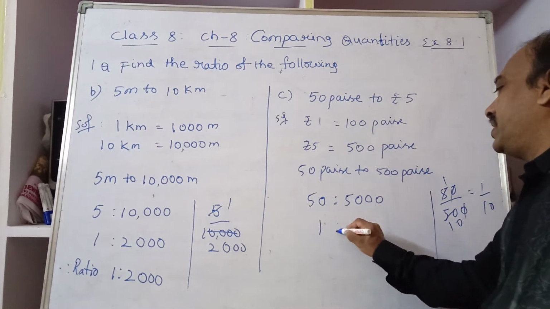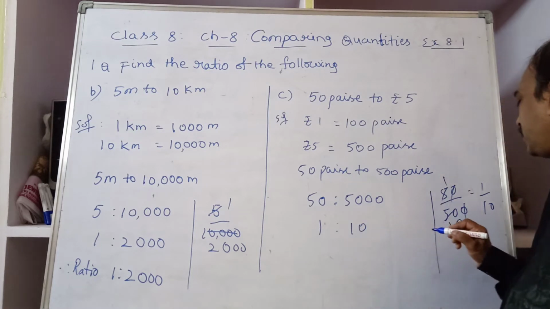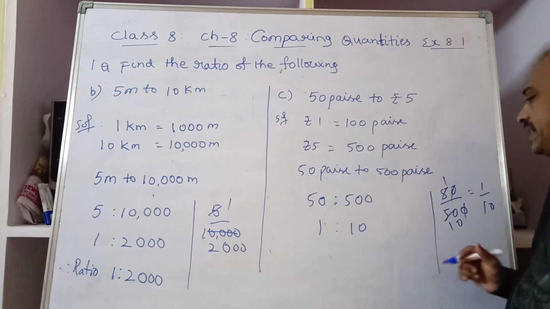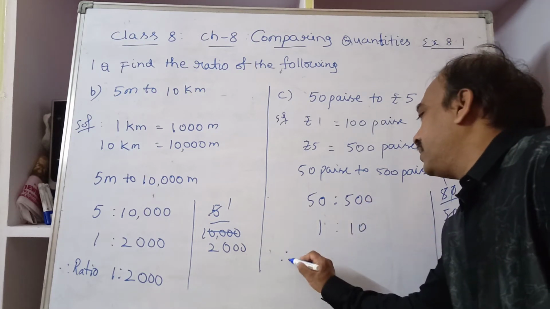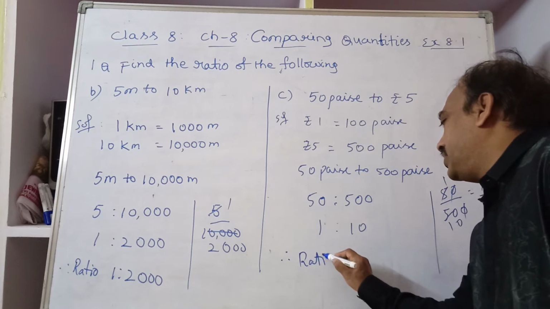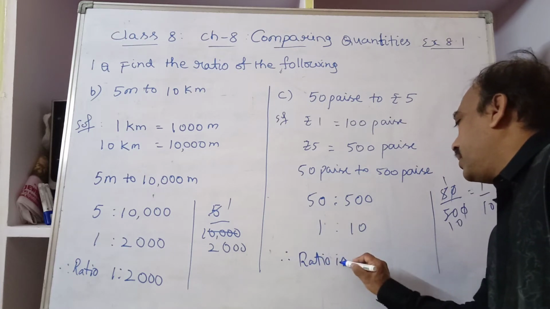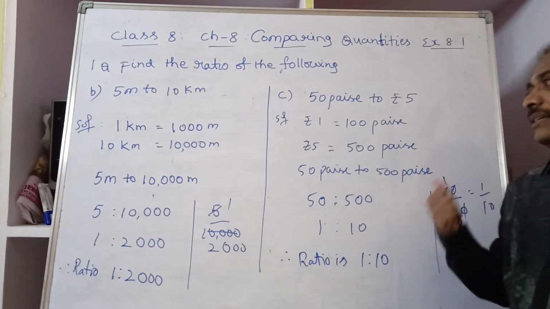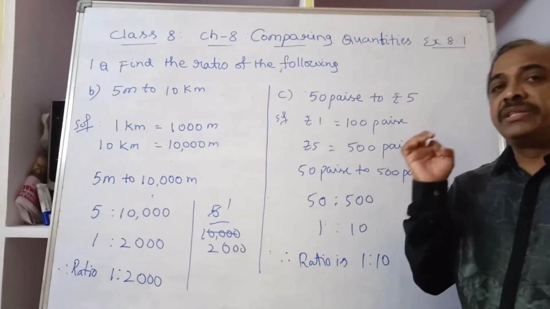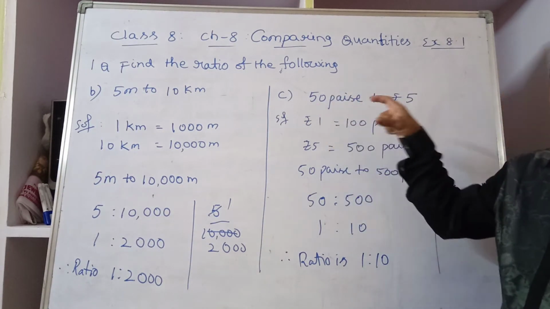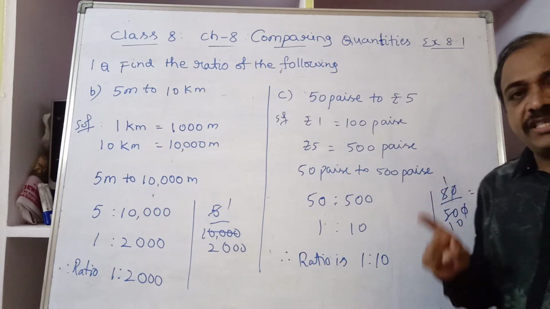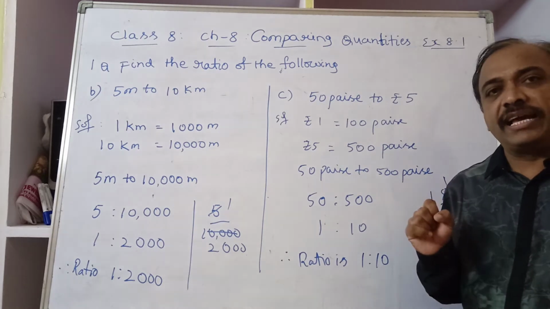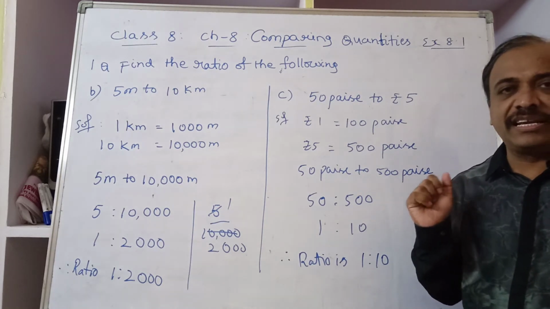So you can write it as 1 is to 10. Therefore the ratio is 1 is to 10. Is it clear? While finding the ratio, the units must be the same before finding the ratio, and ratio does not contain any units. These two things you have to keep in mind while calculating the ratio. Is it clear?